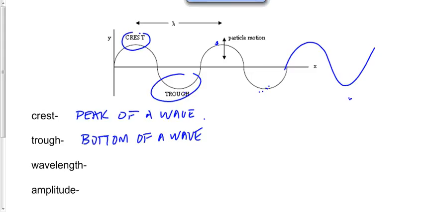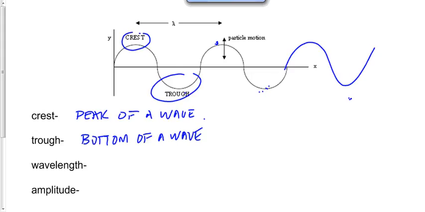The wavelength of a wave, boy, this is a tough definition. Listen carefully to this one and see if you can make sense of it. The wavelength of a wave is how long a wave is. The length of a wave. Now, that's a pretty simplistic definition, obviously. The wavelength is the length of a wave.